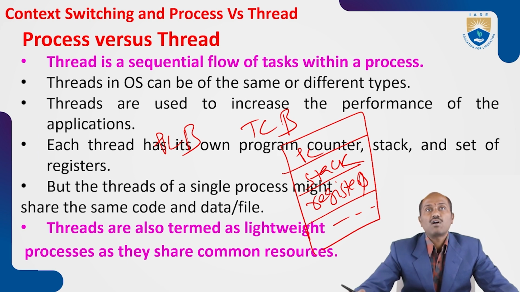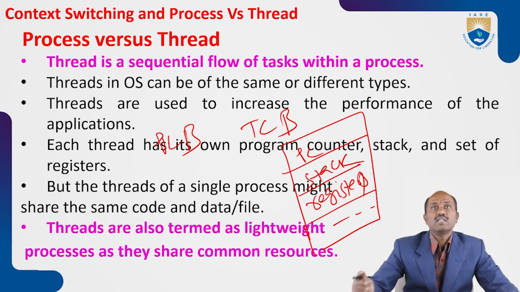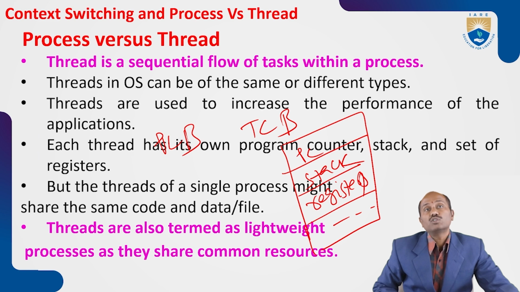That's why it is called a thread control block. Each thread has its own program counter, stack, and set of registers. That's why a thread is also called a lightweight process, as threads share common resources. Process and thread can share these common resources simultaneously.